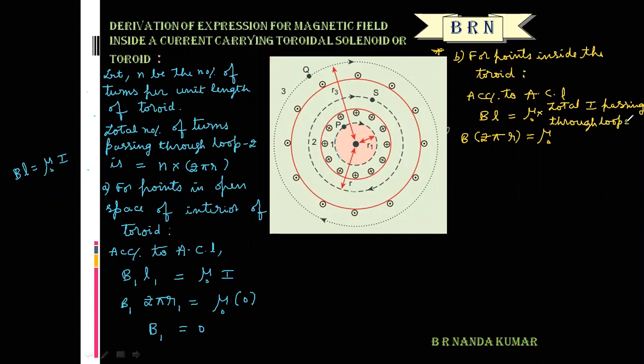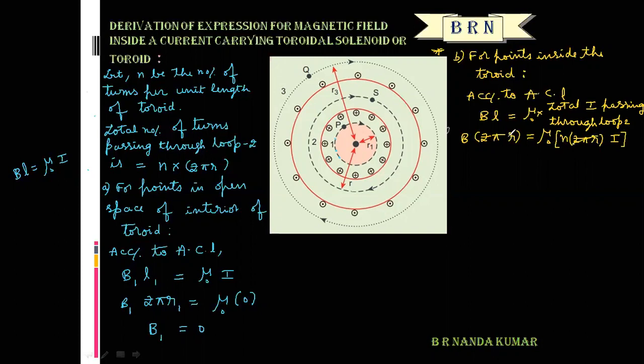The number of turns passing through loop 2 is n into 2 pi r, right? This is the number of turns passing through loop 2, into the current in each turn, that is I. So n 2 pi r into I is the total current passing through loop 2.